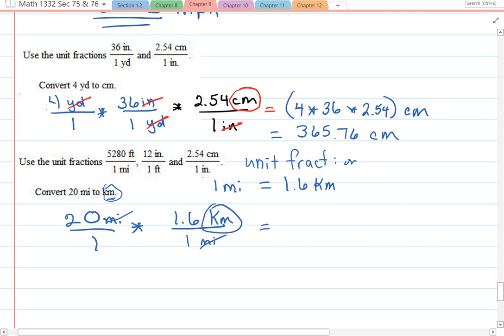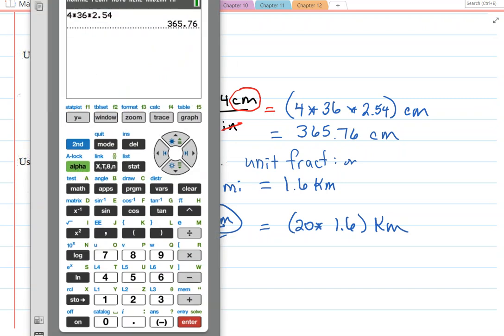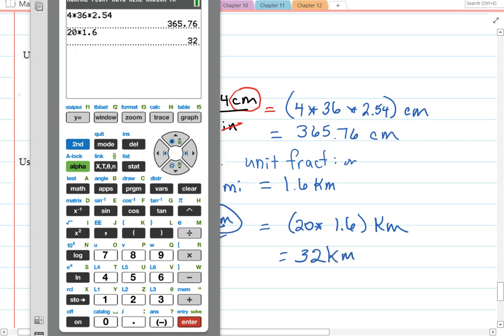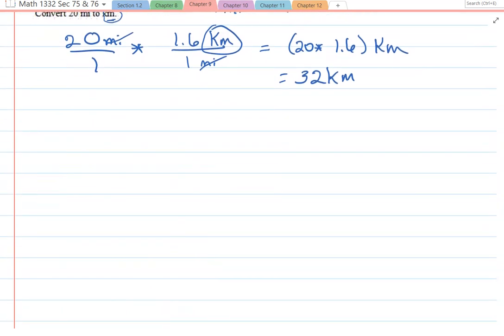So I have ones in the denominator, so I'm going to have 20 times 1 6/10 kilometers, or kilometers. Both, I've heard them both ways. 32 kilometers. All right.